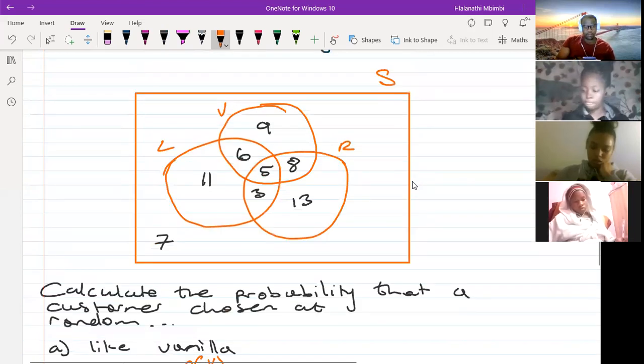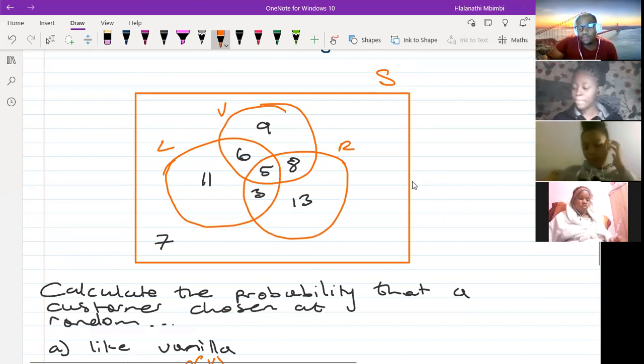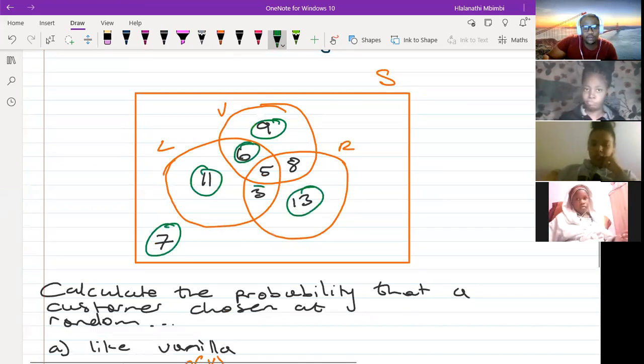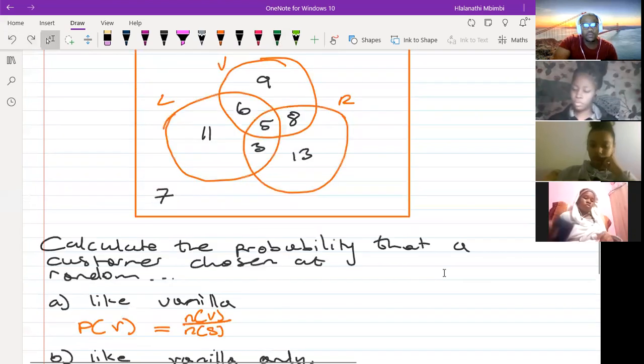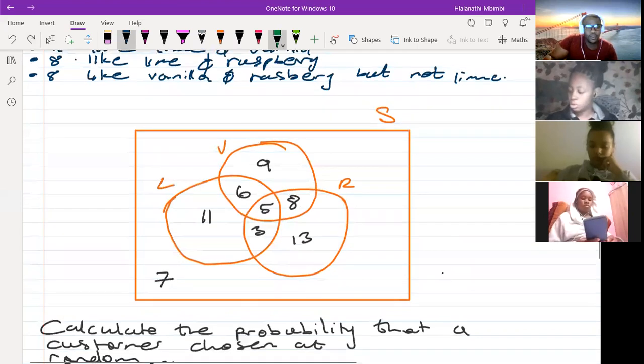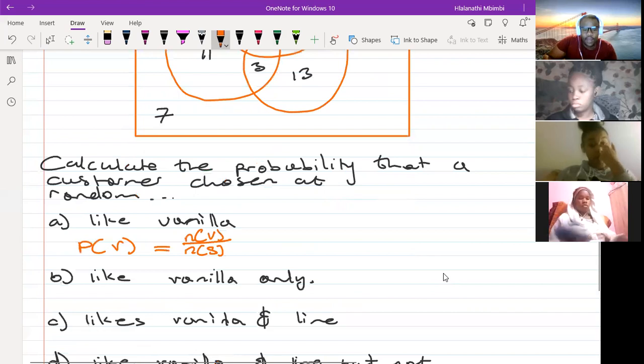The sample space is what you get when you add all these guys, which is 62.